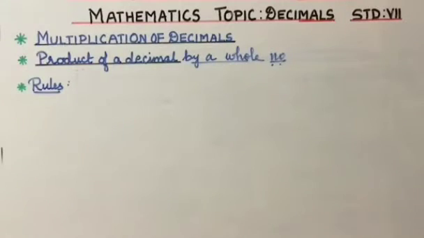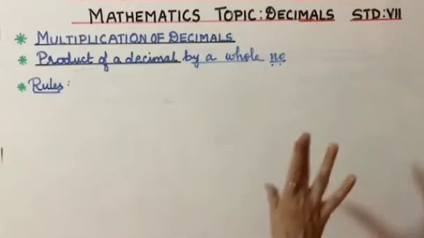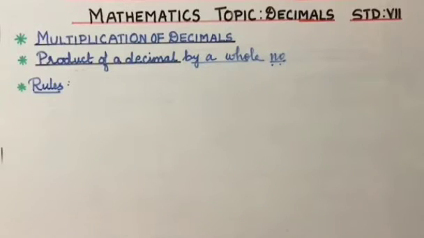The rule says when you are multiplying a decimal by a whole number, arrange the numbers just like how you arrange multiplication of whole numbers, and do the multiplication without bothering about the decimal. That means you will multiply as if the decimal does not exist there.